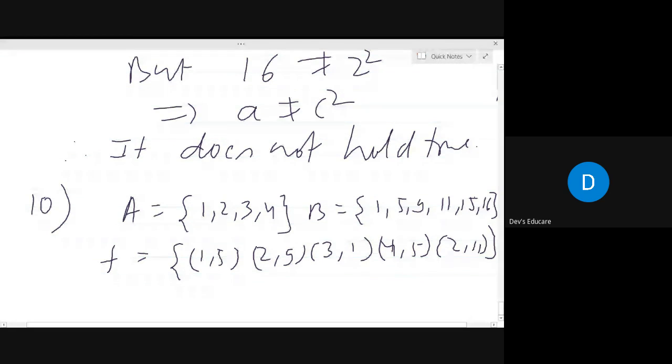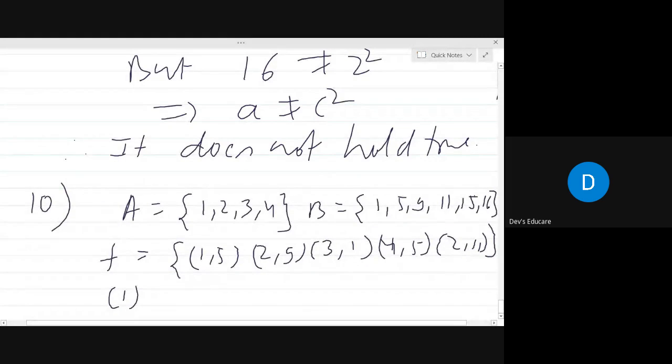Riya, can you tell me, is it true? F is a relation from A to B. Yes, sir, it's true. Yeah, this is a relation. Second case, Riya. F is a function from A to B. No, sir. Why? Sir, because here two of the ordered pairs have the same domain, or we could say that the pre-image of 2 has 2 images.